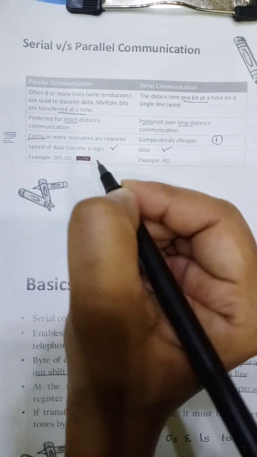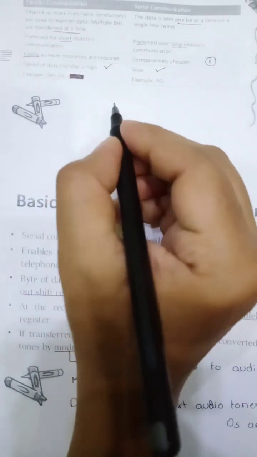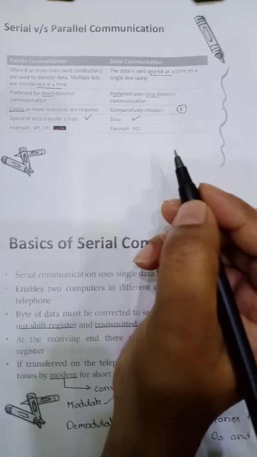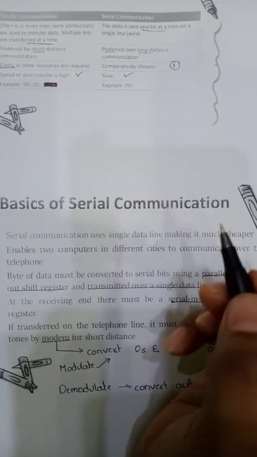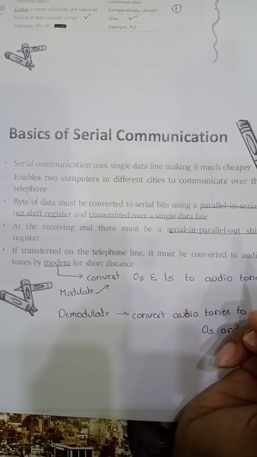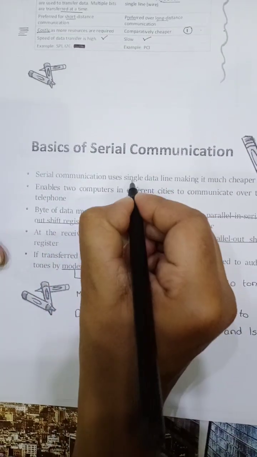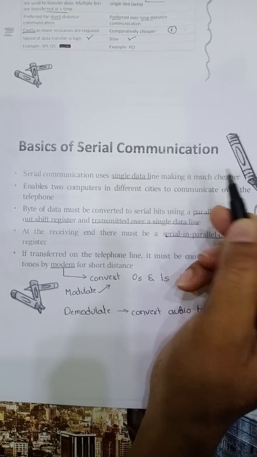and I2C. So with this basics, we came to know what exactly parallel communication and serial communication are. Let us see more about the serial communication basics. Serial communication uses a single data line for transmitting data between a sender and a receiver.